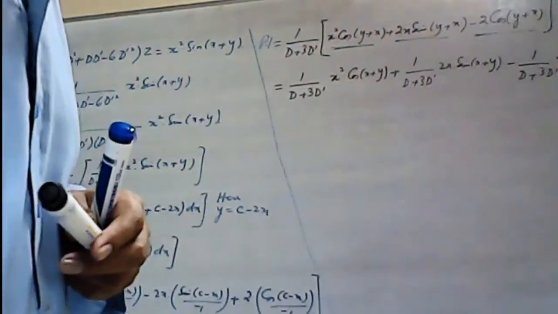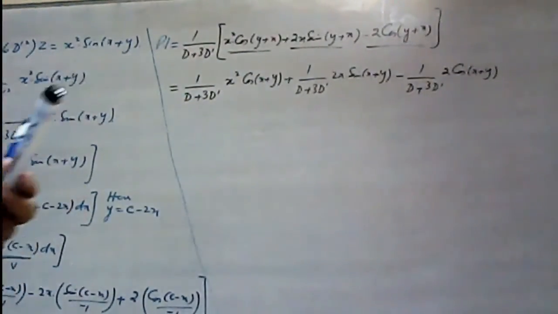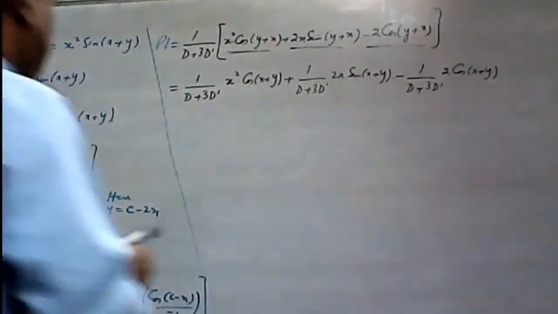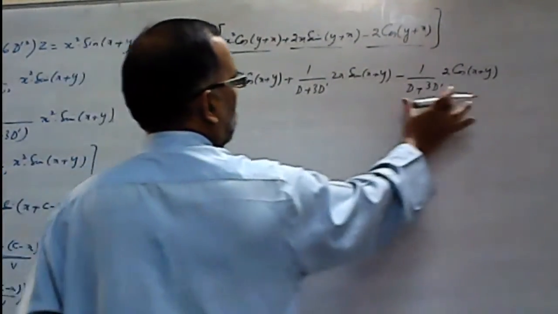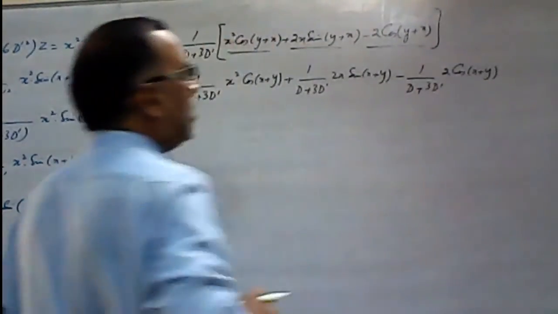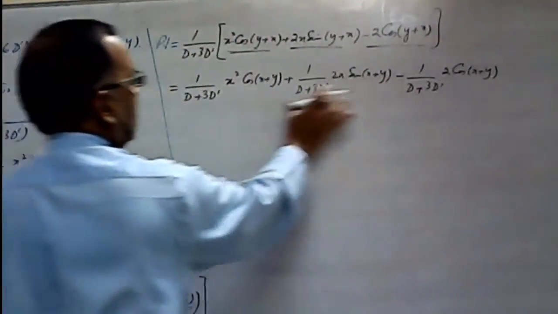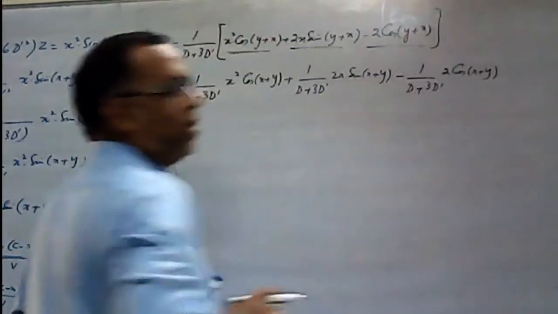So now we have actually three questions appearing in one question. This is method 2, this is method 4, this is method 4, and this is method 2.